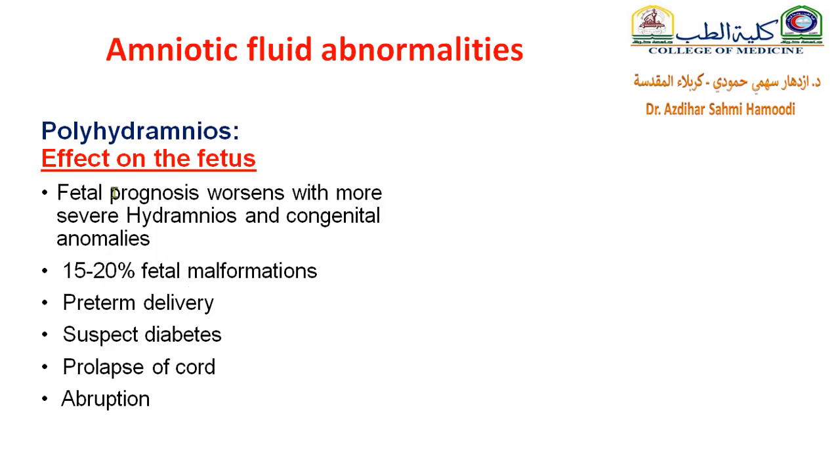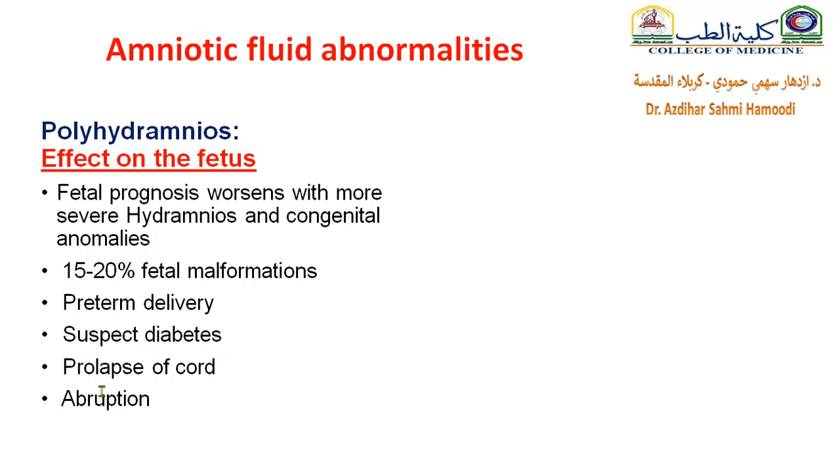What is the effect of this polyhydramnios on the fetus? Fetal prognosis worsens with more severe hydramnios and congenital anomalies. So 15 to 20% from fetal malformations that are found already in the fetus, the effect of a preterm delivery on the fetus, with all its complications. If there is diabetes, there will be effect of diabetes and its complications on the baby.